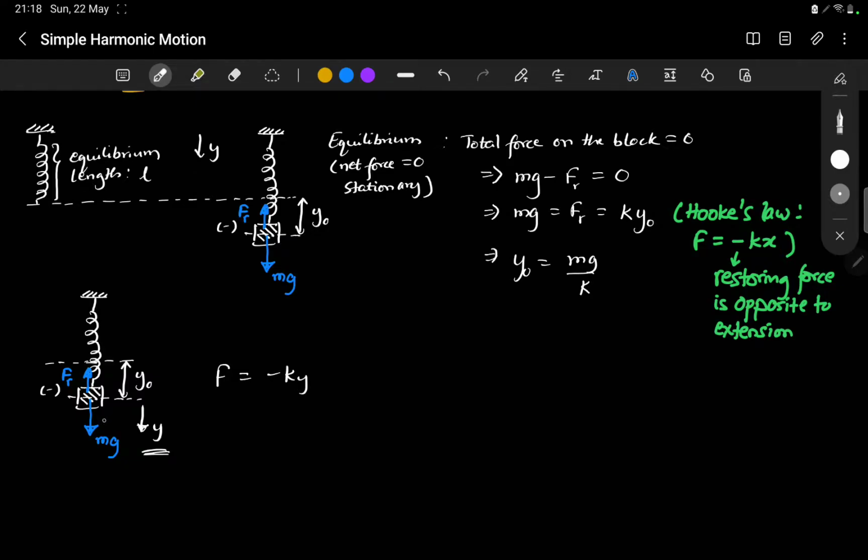So Fr and mg balanced out, but still we have the net restoring force as minus ky. So this is the net restoring force after equilibrium due to displacement y.